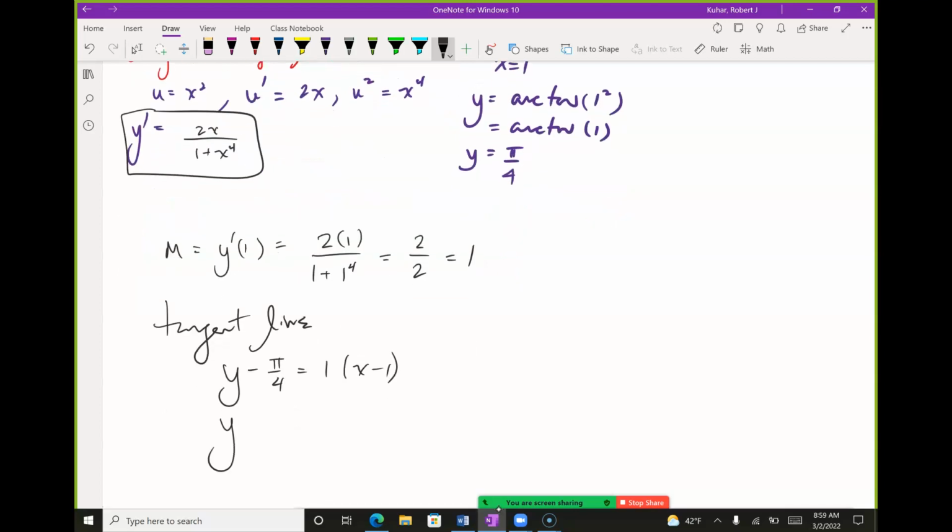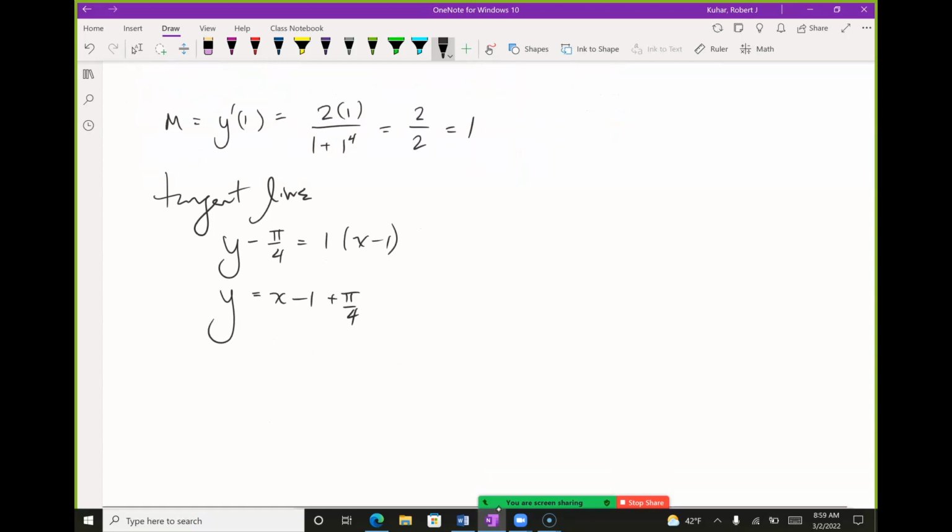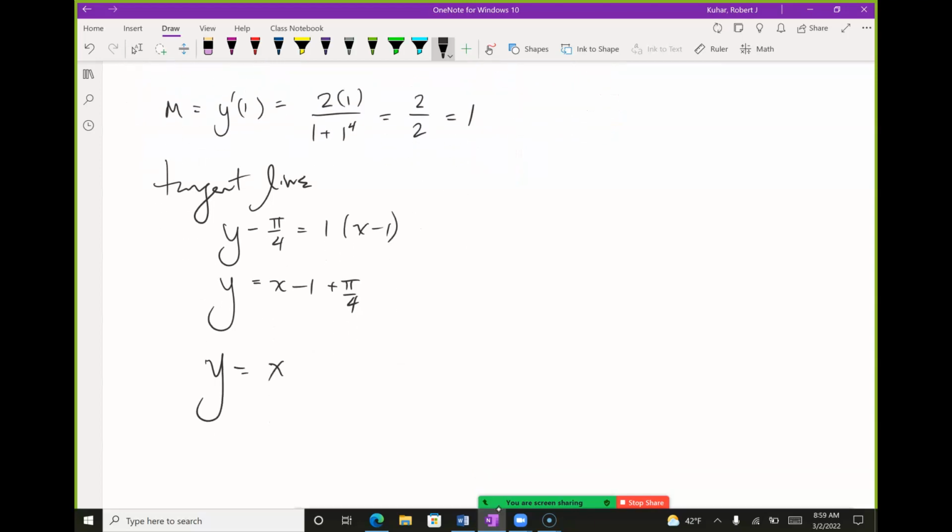Thank you, Robert, for the easy tangent line. So it looks like I get y equals x plus pi minus 4, all over 4. There's my tangent line. I just did a quick LCD in my head.